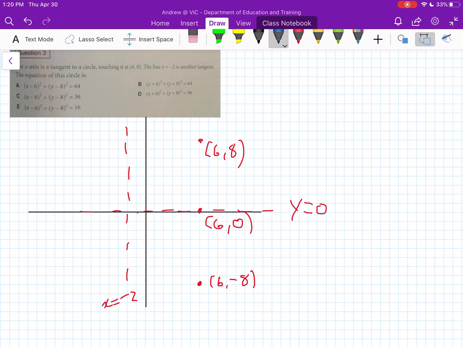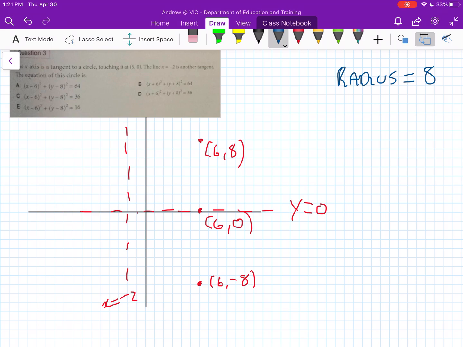And then they've told us this other line, x = -2, and that's going to be the left point of our circle. So what they've actually told us is that our radius is equal to 8, because it goes from 6 to -2, so that's 8.